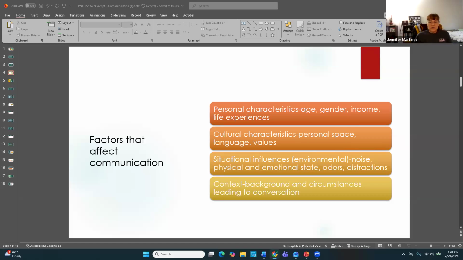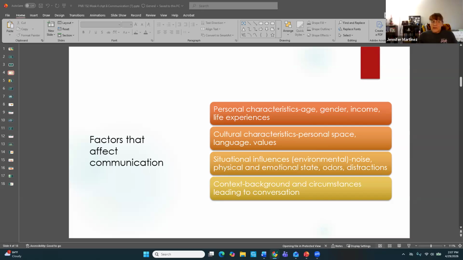We don't talk to a middle-aged adult the same way we may communicate with an older adult. Their gender, income, their life experiences, cultural characteristics, so the use of personal space, language, even values.